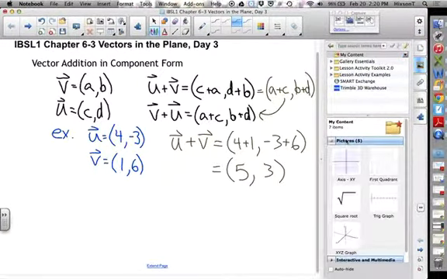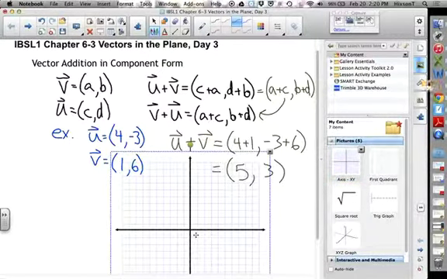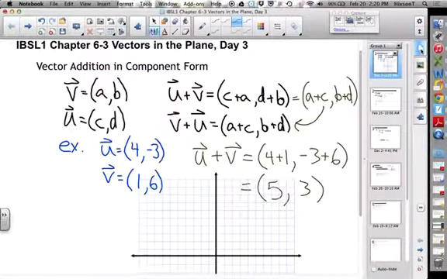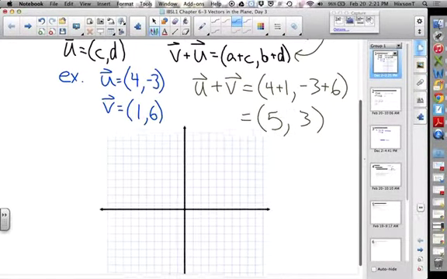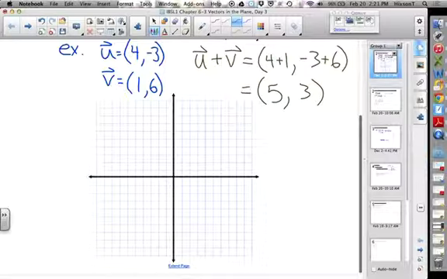I don't even need the quadrants, but that'll do. So basically what we have, vector u, let's say I started here. Vector u was 4, -3, so I go over 4 and down 3. There's vector u. And then vector v was 1, 6.